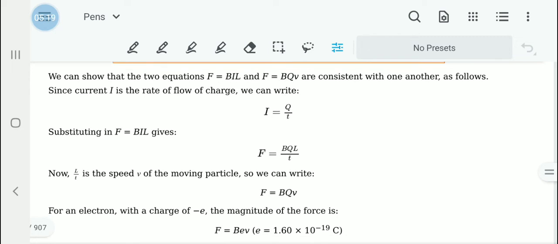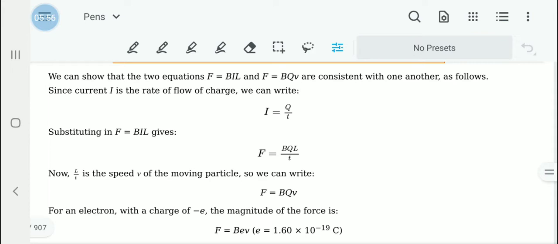I would suggest that you make a short note out of this part, but you must remember how to derive or equate these two equations. Write down: the equations F equals BIL and F equals BQV are consistent with one another. Leave a line and write I equals Q upon T, because current is the rate of flow of charge.